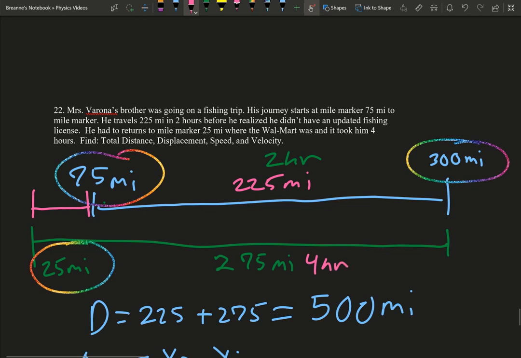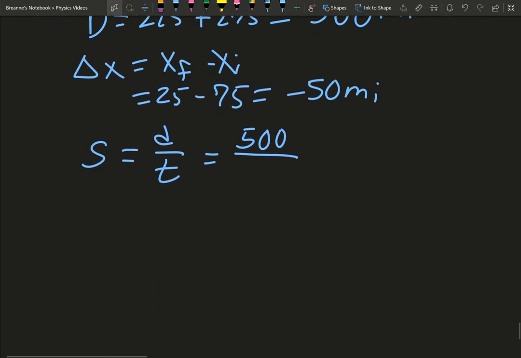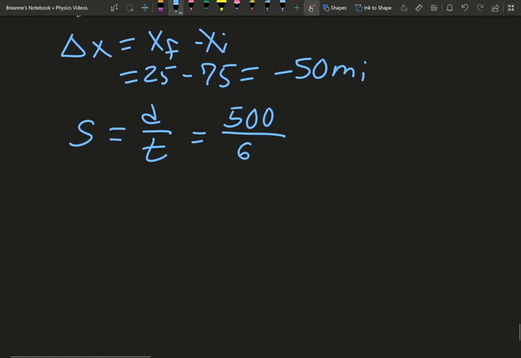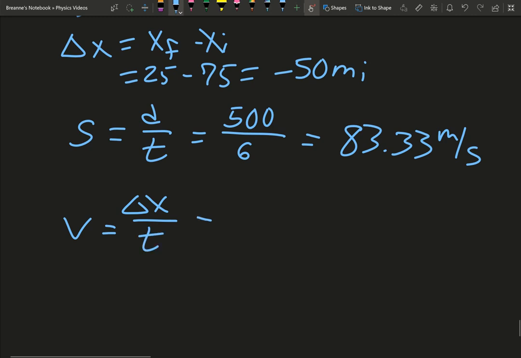So you add that up to get 6 hours. So it's just 500 divided by 6, which gives you 83.33 miles per hour.